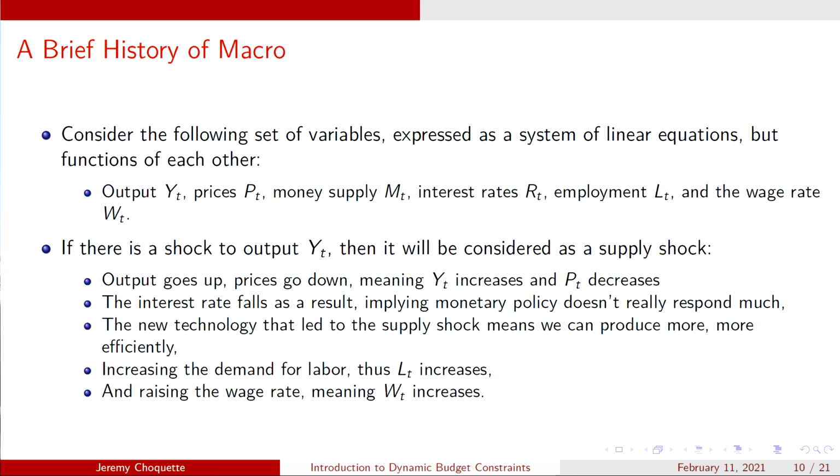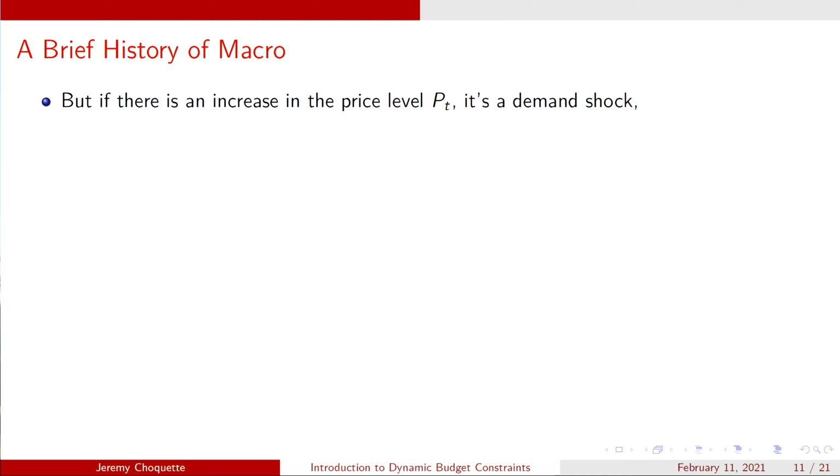But if firms need more workers, what happens to the wage rate? Well, it has to go up. Because if you want more of something, you're probably willing to pay a higher price. And that's what happens in labor markets. There's going to be an increase in the demand for labor, therefore the wage rate's going to go up.